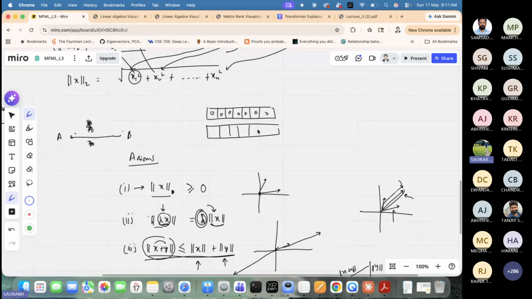In your machine learning classes, you will understand that there are cases which result in vectors with all zero components. When you have a zero vector, it doesn't have any length. That's why you have to have that consideration in place. Okay, sir, understood. Thank you.